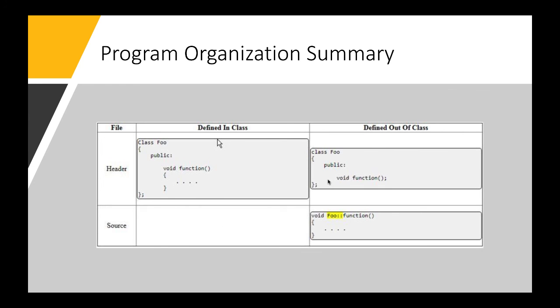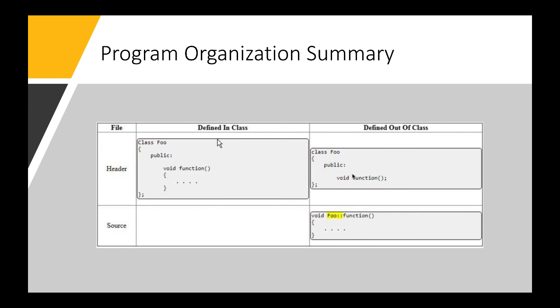Then we move over here to the function defined outside of the class, and here we have class Foo, same class declaration here, and then we have a public visibility keyword again. And then instead of defining our function, we have our function prototype. Notice this is in the header file over here.